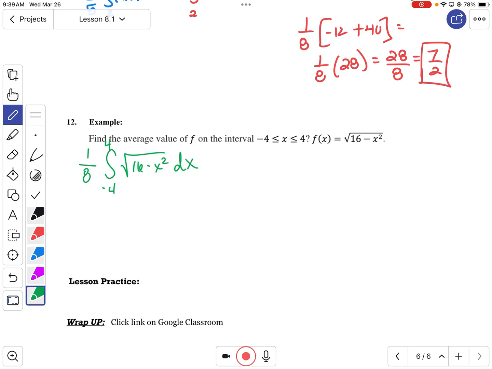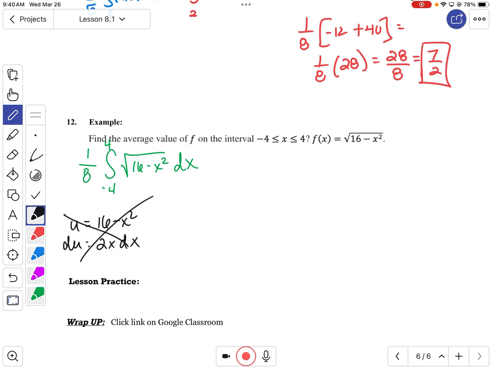Now, at first glance, I'm thinking, oh, it's a composition, right? I've got something under a square root, might need u substitution. The only problem is if I let u be 16 minus x squared, what's du? 2x dx, and there's no x whatsoever in that integral, okay? So we can't do it that way. We have to get creative, okay? We don't know the math yet to be able to do that integral.